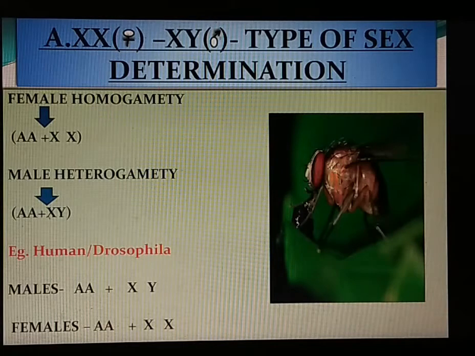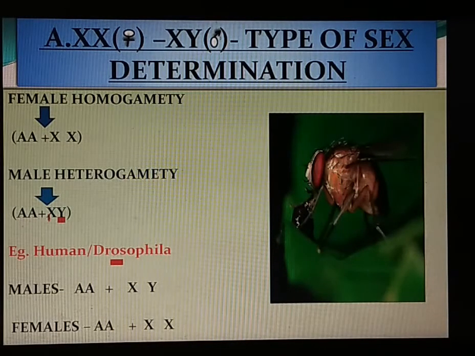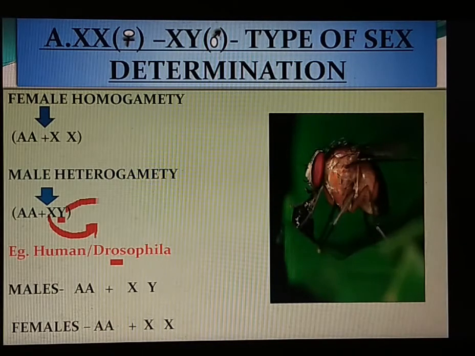And this we see in most of the mammals including men, as well as in most of the insects, for example Drosophila. And here the males have one sex chromosome which is smaller in size than the other sex chromosome. So the larger one is the X chromosome, okay, whereas the smaller one is the Y chromosome.